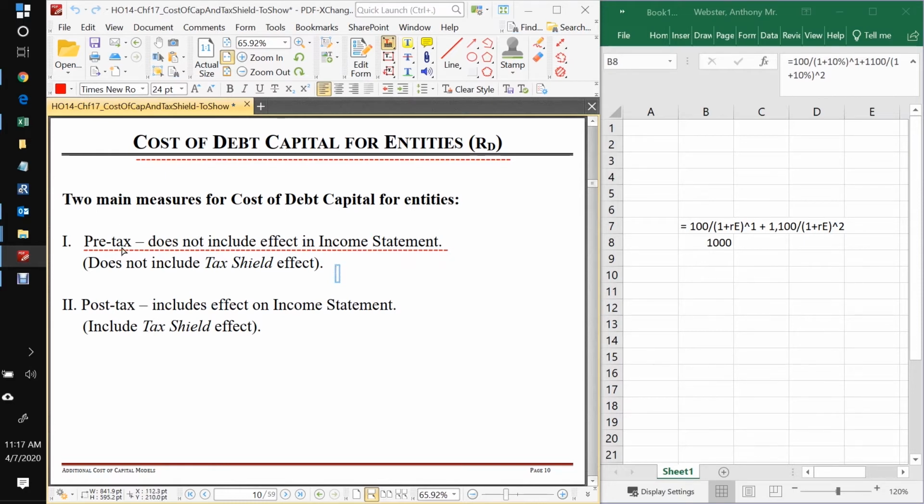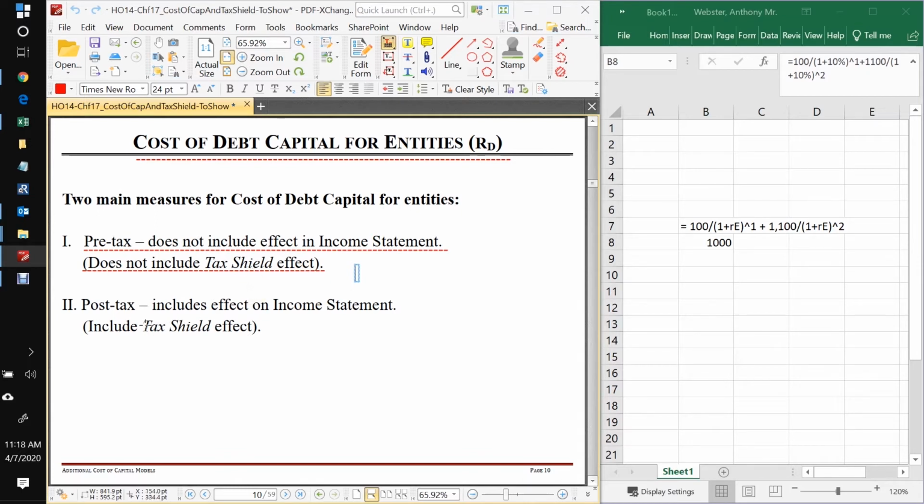So if we're ever measuring cost of debt capital and the income statement is not involved, then that's going to be a pre-tax measure. And what we're going to see when we get to the income statement is there is what's called a tax shield effect of using debt capital, which is going to reduce what the entity pays in taxes.